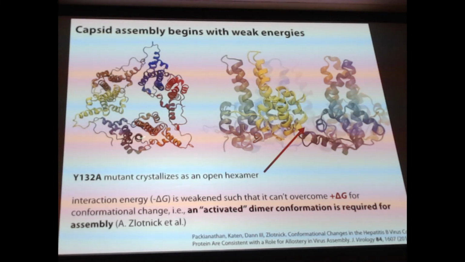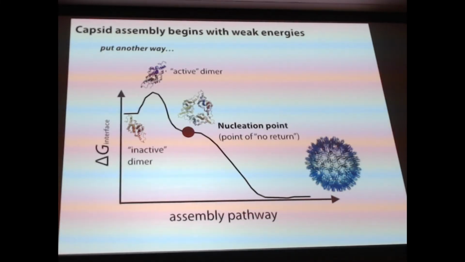And so when you lower that binding energy, you can't overcome that conformational barrier. So in other words, a very simple way of looking at it, or the way I think about it at least, is that the normal state of the dimer is a quote-unquote inactive one.